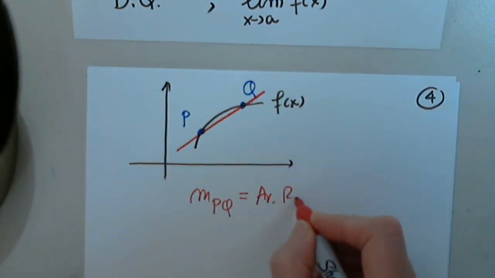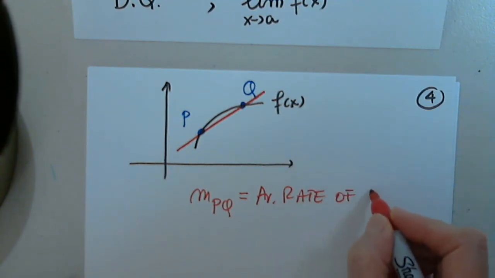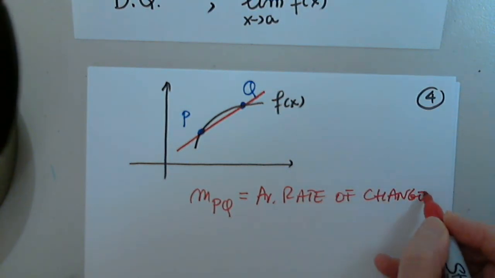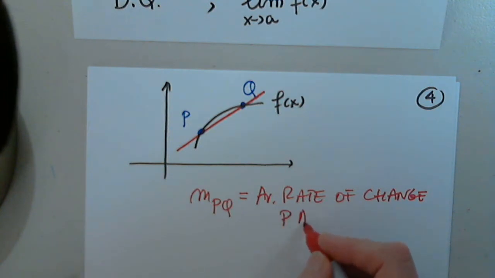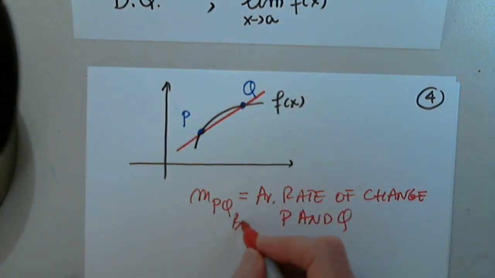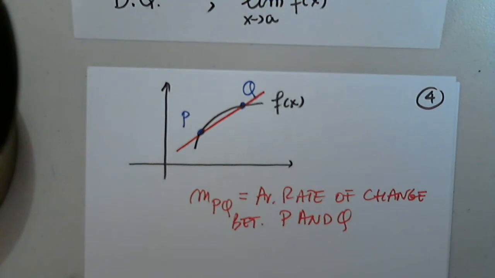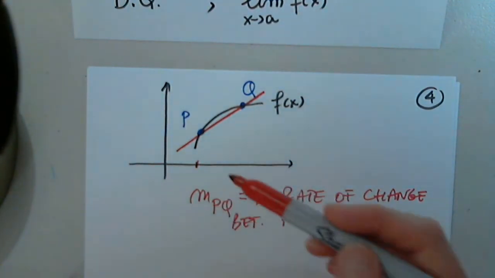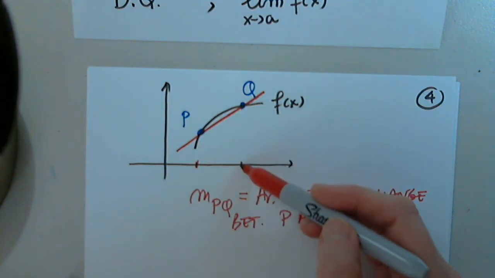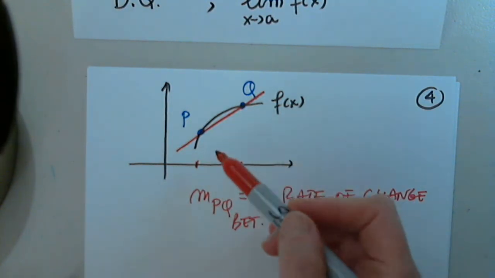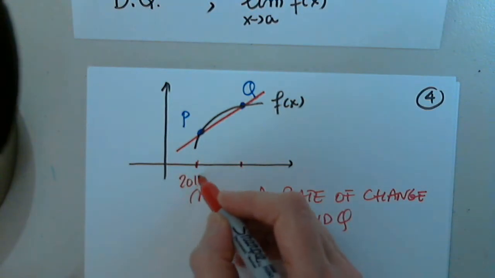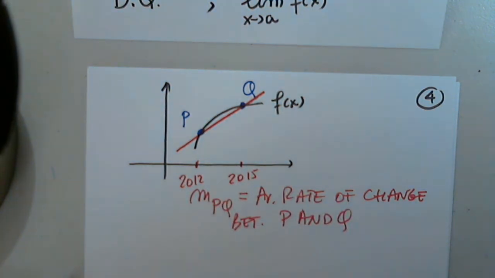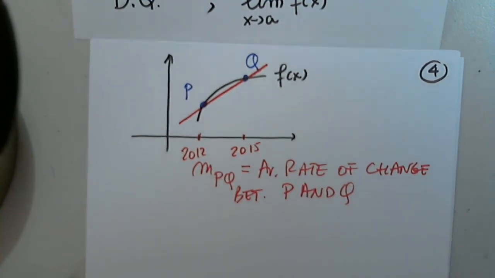So the average rate of change between P and Q. Good. So if I have year 1, like we just did, and year 2, 2010, 2012, 2015, what you just picked a minute ago from a different graph, a different function, then I will be interested in the average rate of change between those 2 points.